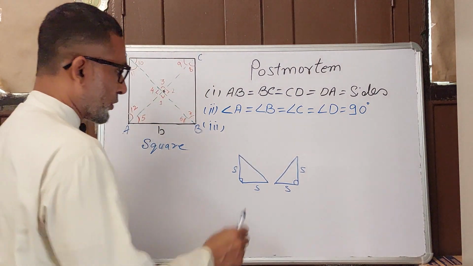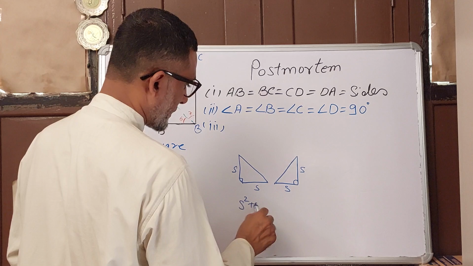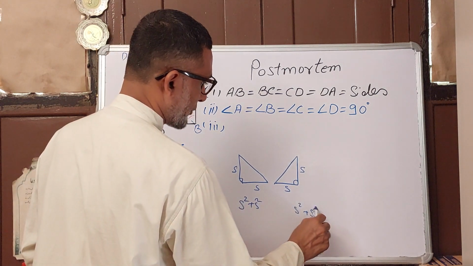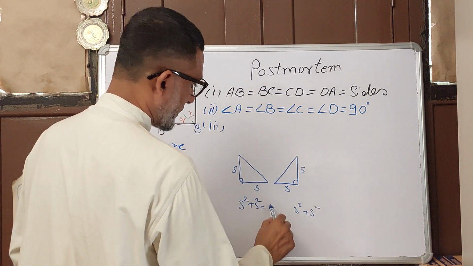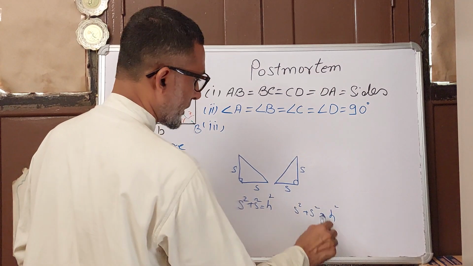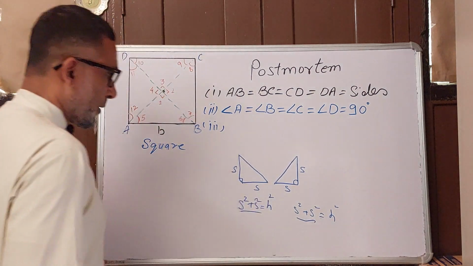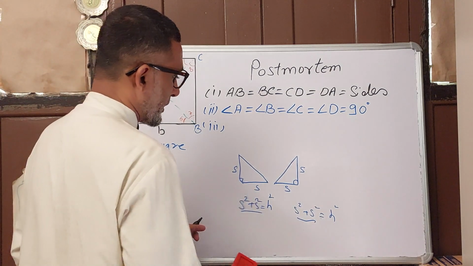By the Pythagoras theorem, you also know that if this side is s square plus s square, here also it is s square plus s square. So by the Pythagoras theorem, s square plus s square equals hypotenuse square. When this is the same, h is always the same. So you can also prove it by the Pythagoras theorem.